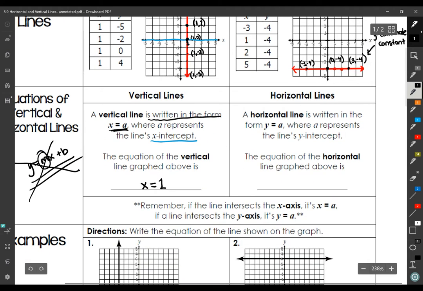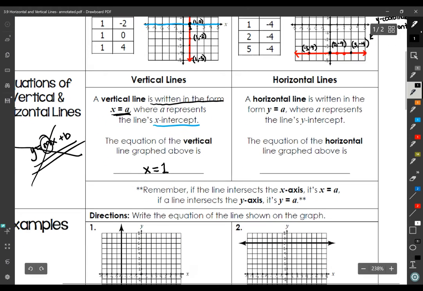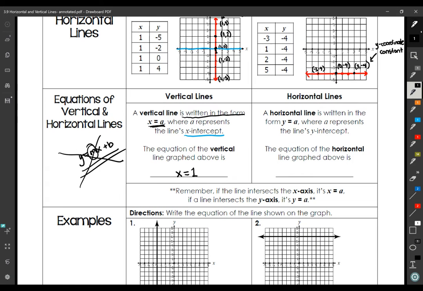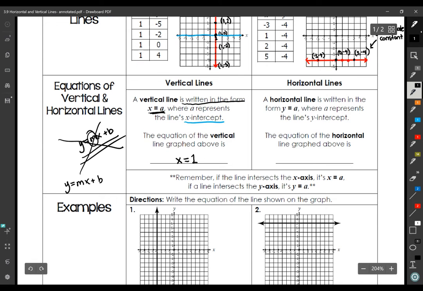So in this case, our equation for a horizontal line maybe makes more sense because we are used to y equals mx plus b. Now, we know that with a horizontal line, our slope is 0. So 0 multiplied by x is just 0, and we end up with y is equal to b.